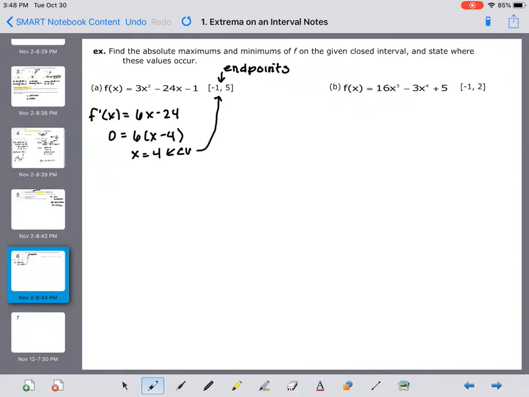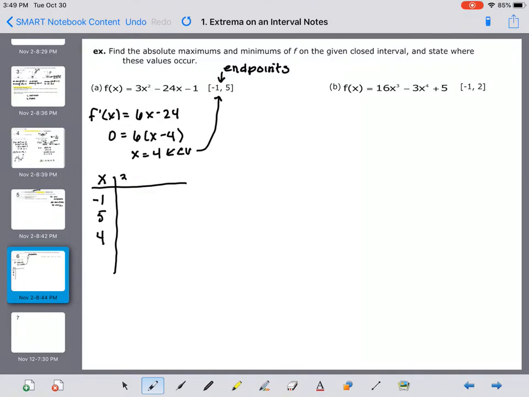So if I want to find which one of these values is the absolute max and absolute min, I need to plug them in. So I'm going to use a t-chart for that. So the x's that are the candidates, we have the endpoints -1 and 5, and then we have the possible candidate of critical value of 4.